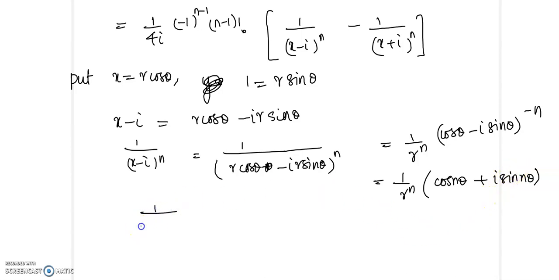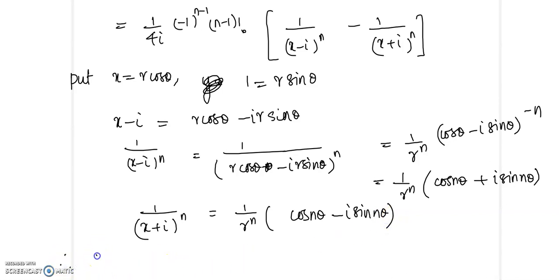And similarly, x plus i whole raised to n will be 1 by r raised to n, cos n theta minus i sin n theta. So therefore y n will be equal to 1 by 4i, minus 1 raised to n minus 1, n minus 1 factorial.